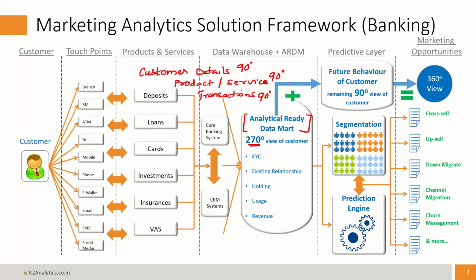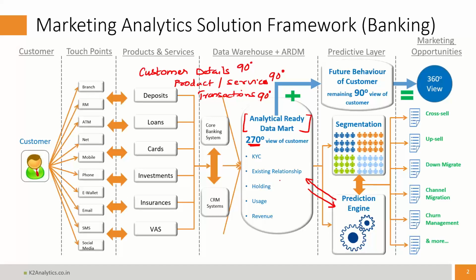This 270-degree perspective, if you put it through a predictive engine, basically as a data scientist, you will build models on this data, and using the predictive engine, the data will go to the predictive engine and the output will be pushed back into this.